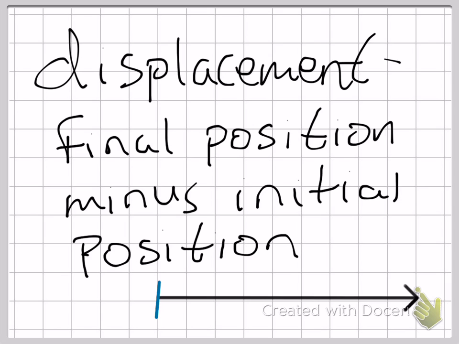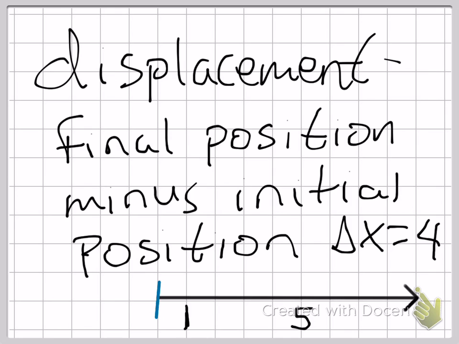For example, if we had a final position of 5 and our initial position was 1, then our displacement is just 5 minus 1, so our displacement is 4.